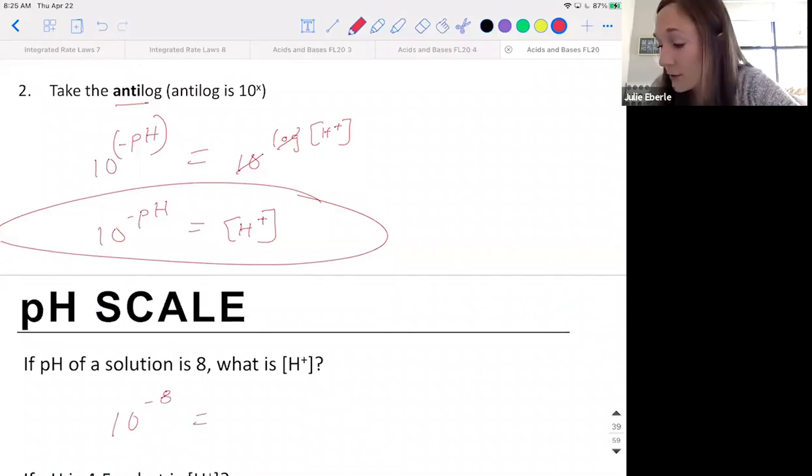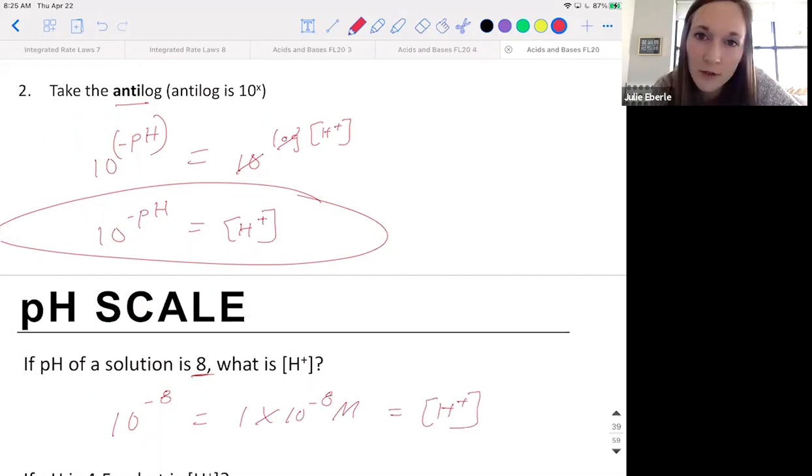That equals 1 times 10 to the negative 8 molar. That's going to equal our concentration of H plus. It's easy when you have whole numbers as your pH. It's not as easy when you have decimals. You didn't necessarily have to put this in your calculator.